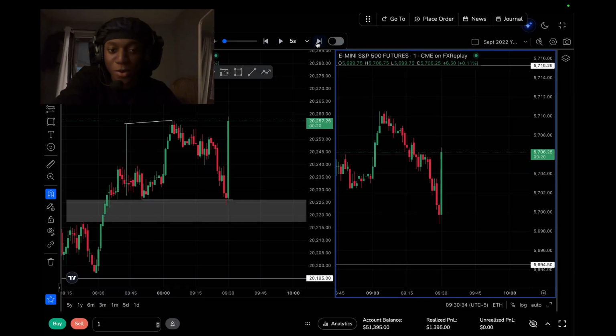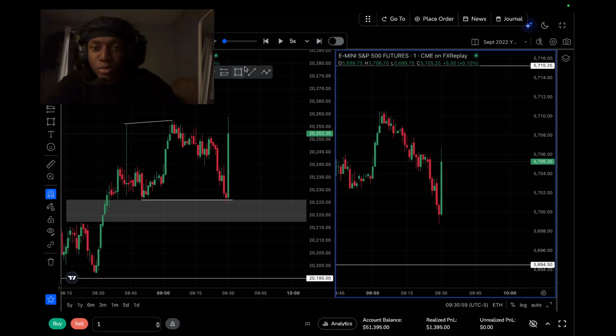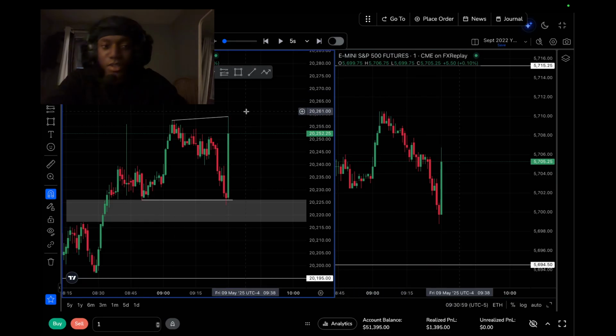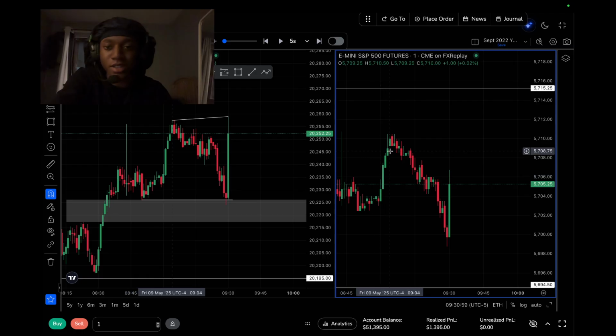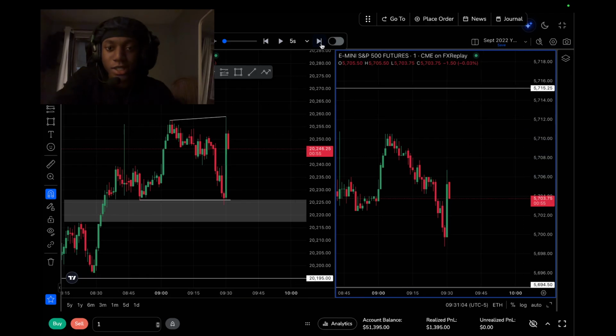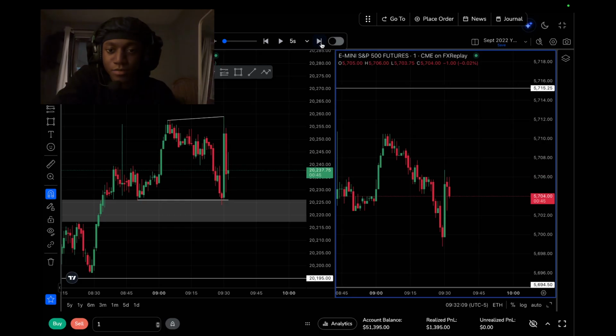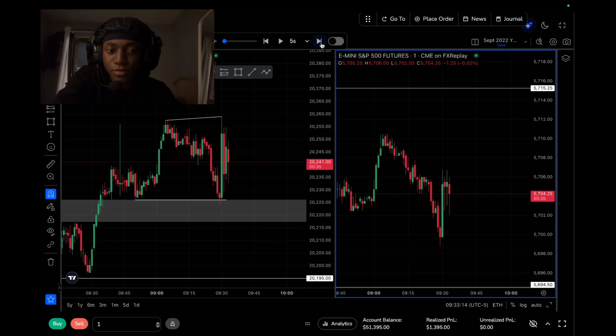Nah, I'm not going to long the market open candle. Okay, so market open, we came higher again, put in another SMT here. ES is not taking this high, sorry. How do we react to that SMT? ES is rebalanced in the 1 minute.